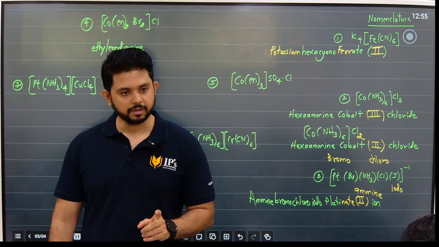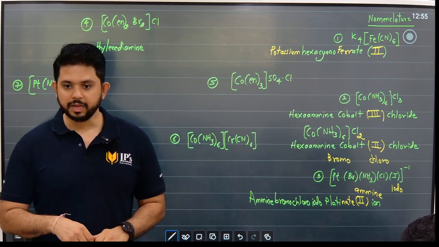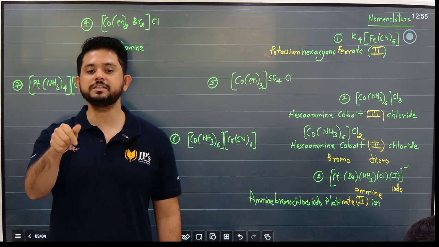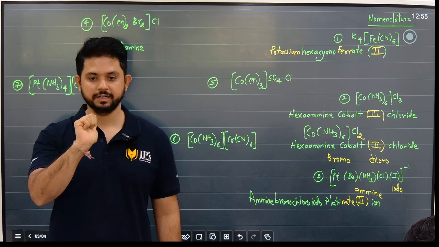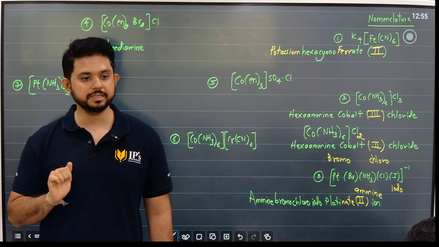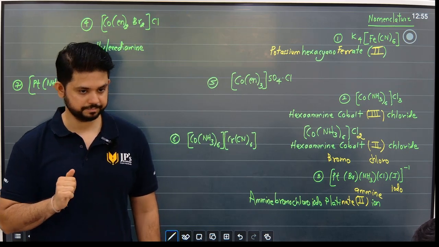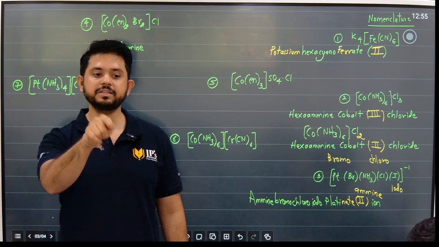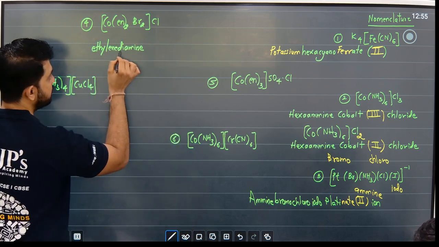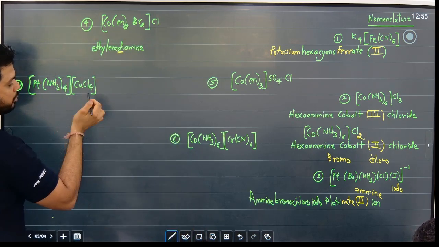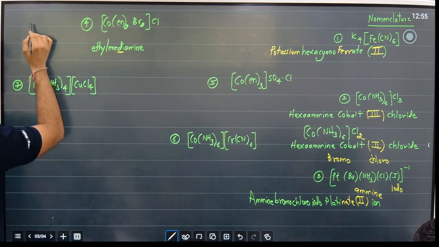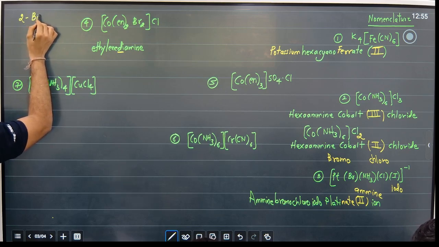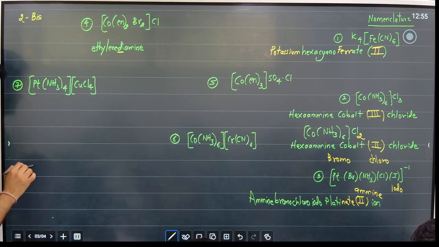So, next rule. In cases where the name of the ligand itself contains di, tri, tetra, for example dipyridine, I repeat, what we do is, if the ligand is repeating twice, we add the prefix bis.